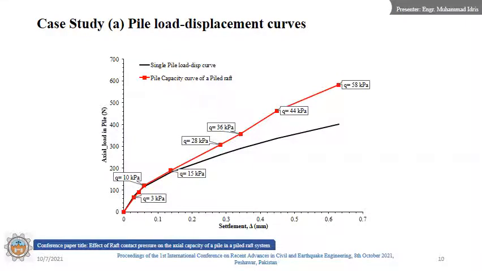Load displacement curve for case study A. Two load displacement curves are shown here. This curve is for the single pile and this curve is for the pile in a Piled Raft system. This is a simple curve in which a load was applied on the pile and the load displacement curve was recorded in PLAXIS 3D.